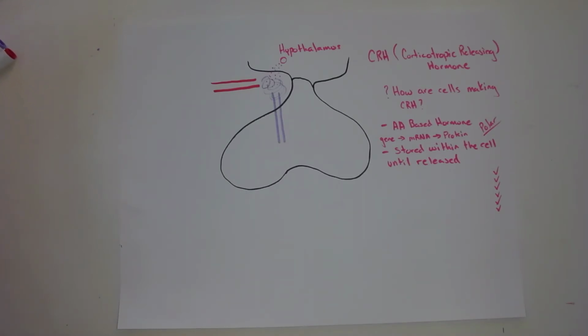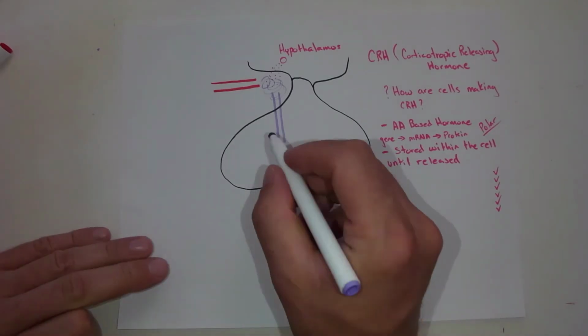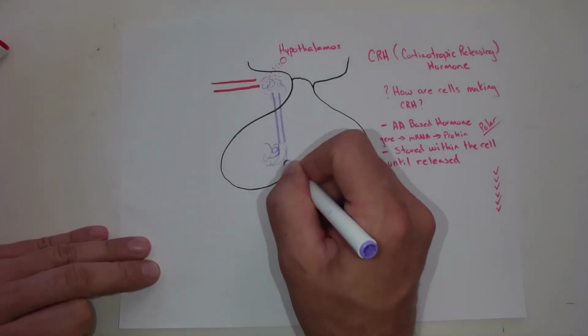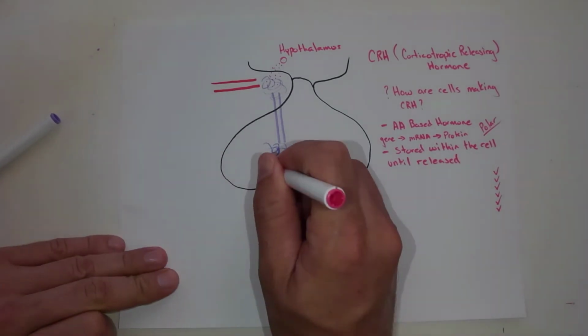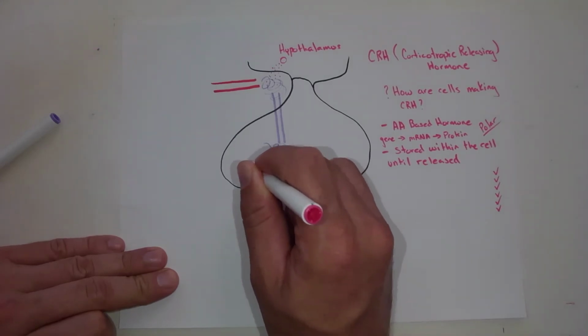Then those hormones will leak out of the secondary capillary plexus to affect cells of the anterior pituitary.